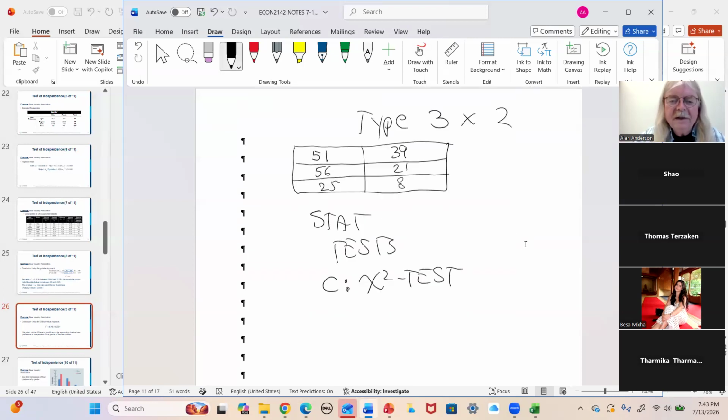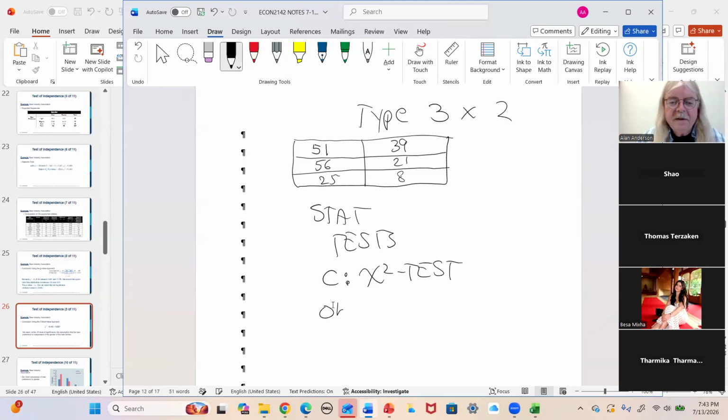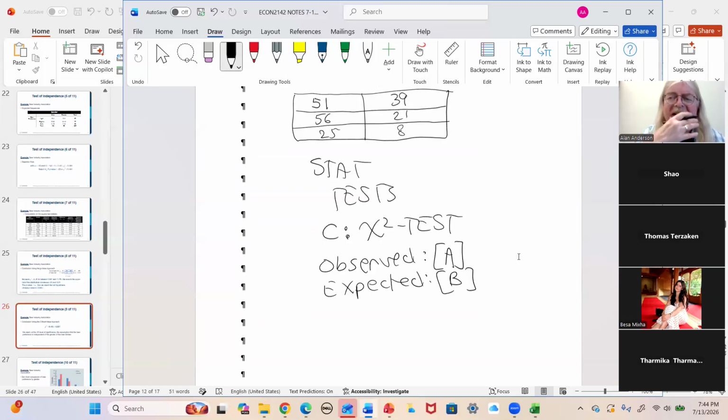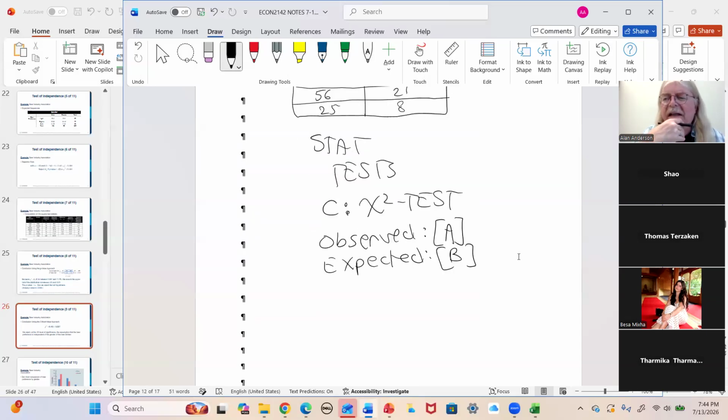Now, if it says there in your calculator, which it should, observed A, expected B, leave it like that. That's what we want. Although technically it doesn't really matter which letters you're using, as long as it knows that the data you just typed is in A. The expected could be any letter, but ideally it should be A and B. And you go down to calculate.